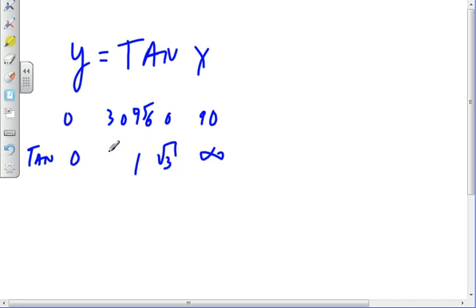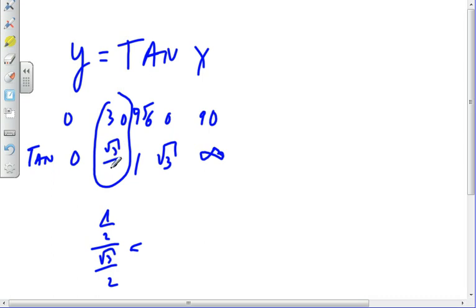What was this one? So the sine is a half, so it's a half over the square root of 3 over 2. So that'd be the square root of 3 over 3.